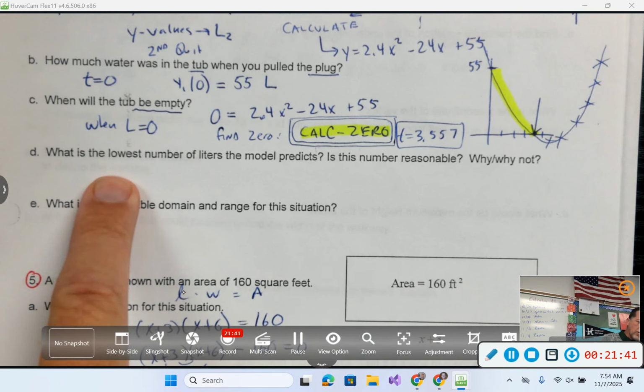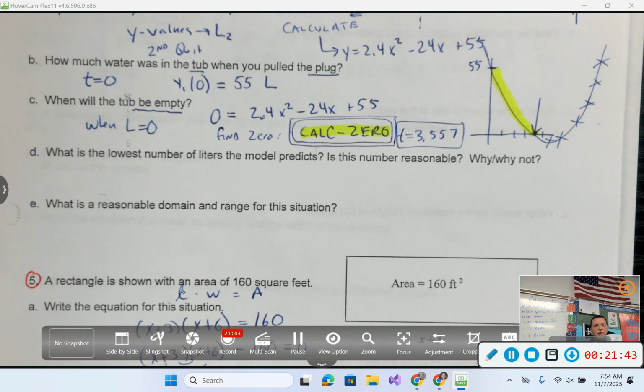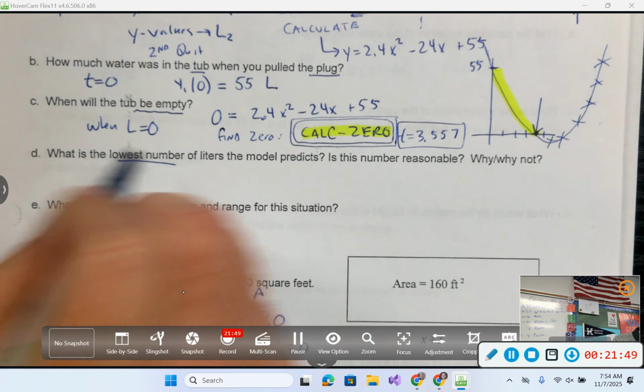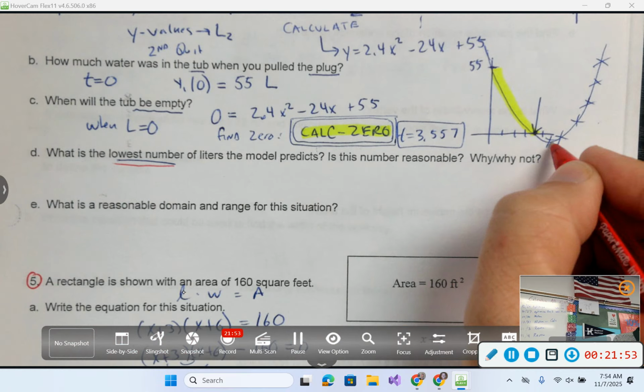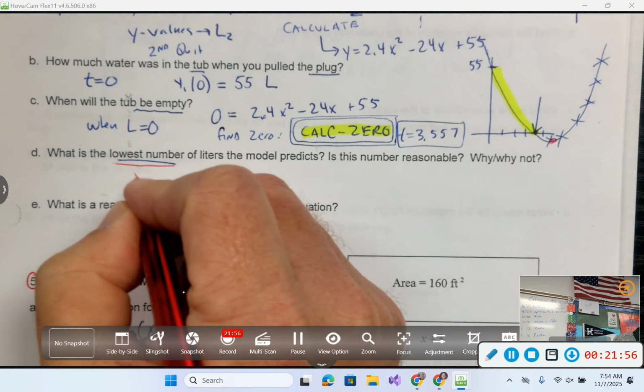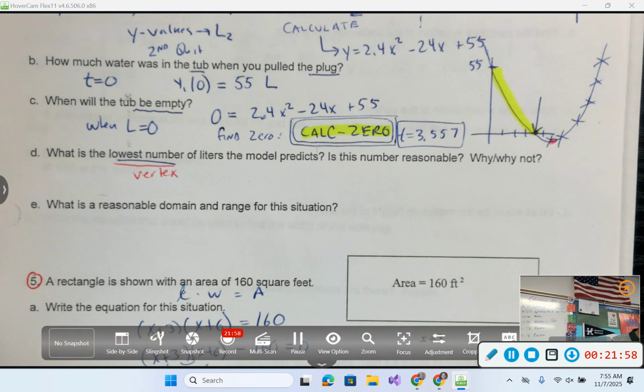All right, question D. What is the lowest number of liters the model predicts? Well, where would we find the lowest number? That would be the vertex again. How do we find the vertex?